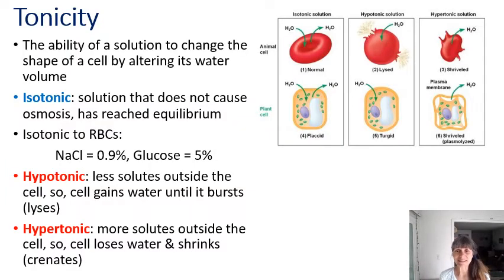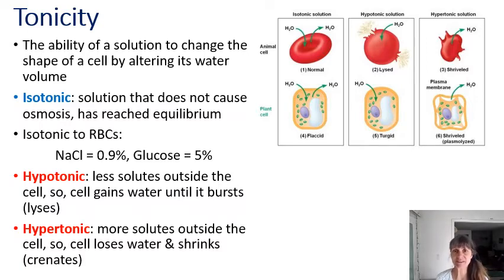Why is any of this important? Tonicity is the ability of a solution to change the shape of a cell by altering the volume of water inside the cell. Remember, if the shape changes, the function changes. Structure, function. If we look at the picture to the right, at the very top you'll see a normal red blood cell in what's called an isotonic solution.